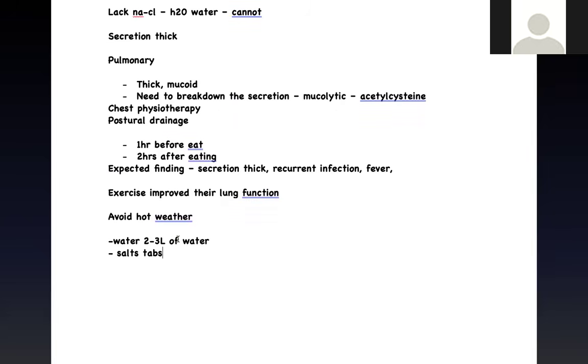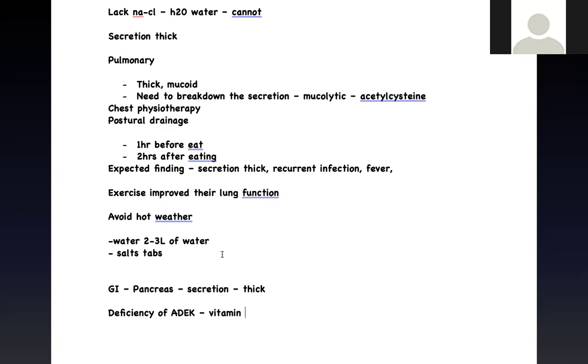Something you should expect they're going to ask you. Now, if you come to the GI symptoms, the same thing. The biggest one is the pancreas. The pancreas cannot secrete its content because it's too thick. In the process, the major sign and symptom is what? Deficiency of ADEK, that's vitamins.